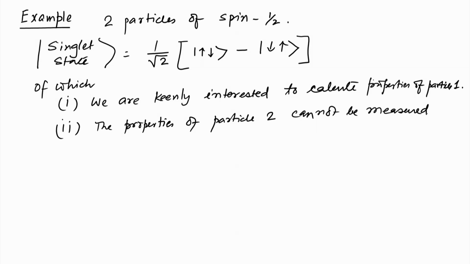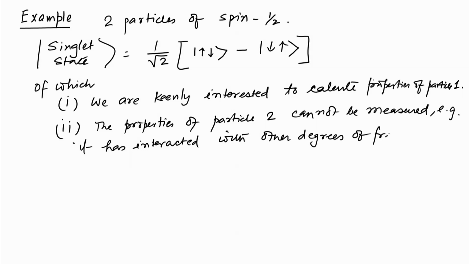One of them could be that it has interacted with other degrees of freedom and has decayed in some sense. But of course, we are still interested in measuring the properties of 1.